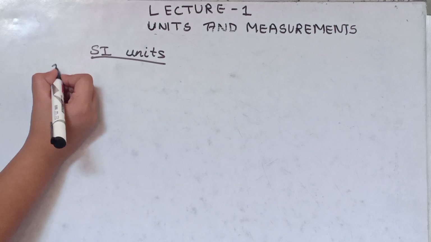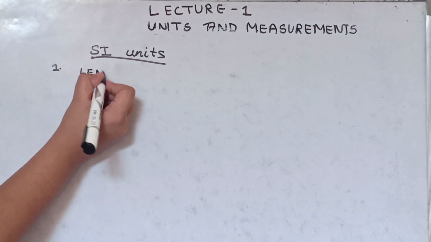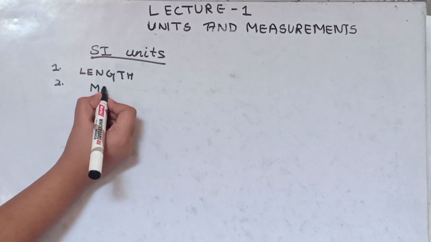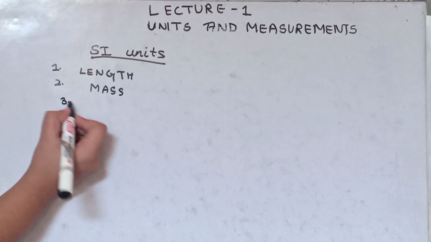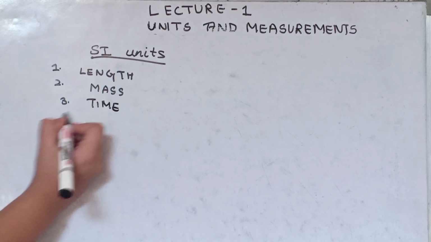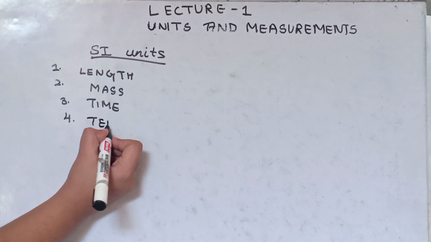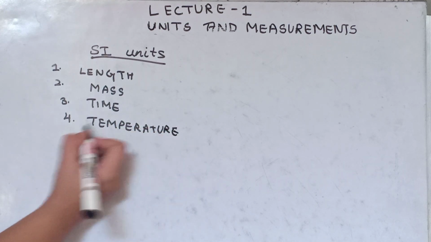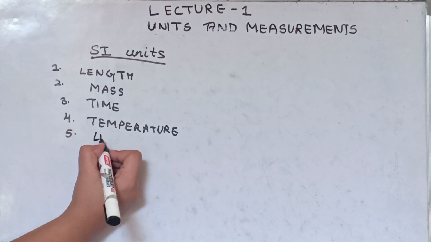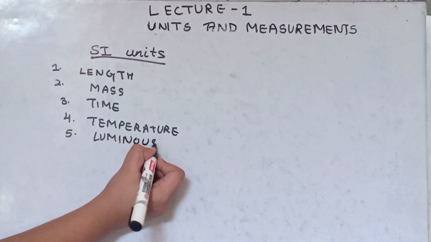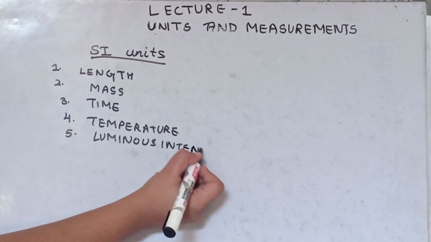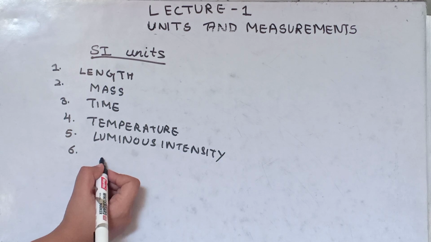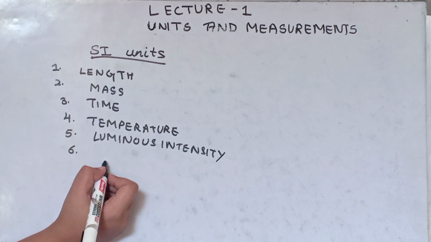So number 1 is length. Number 2 is mass. Number 3 is time. Number 4, temperature. I think I missed some quantity. It is electric current.